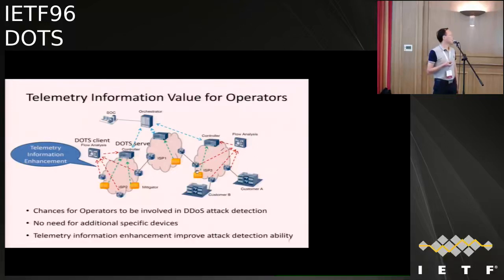That is, with the standard telemetry information, operators can leverage current existing devices to be involved in DDoS attack detection. On the other hand, it can improve the ability of detecting DDoS attacks and even more exceptions. Next.